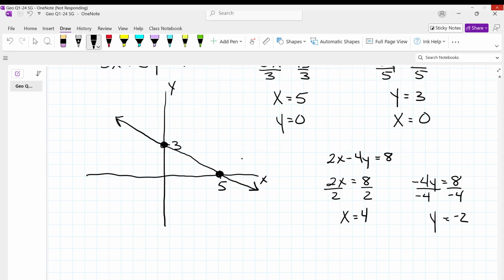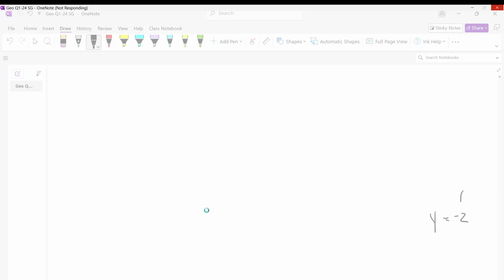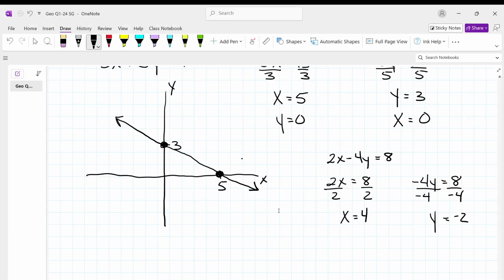And I'll do that as soon as my computer allows me to. Go ahead and do that if you would. Draw your XY axis. Plot those 2 values. And then connect them with a line.